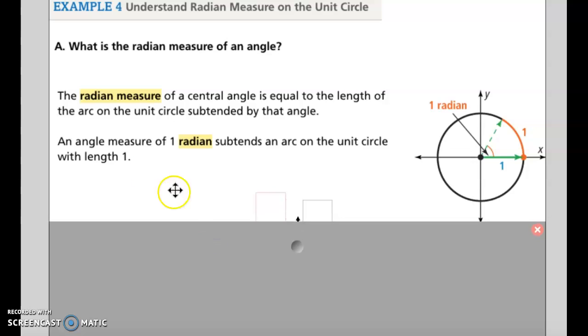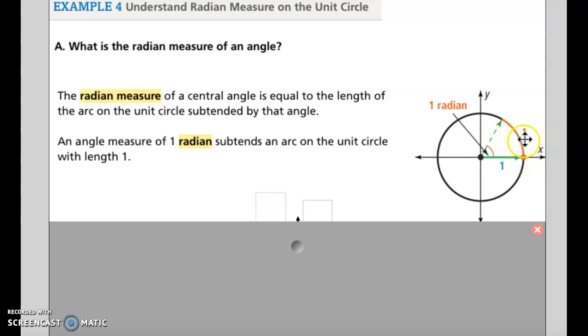So let's take a look. The radian measure of a central angle is when the vertex is on the center, like the origin. So the radian measure of a central angle is equal to the length of the arc. So this is the length of the arc.